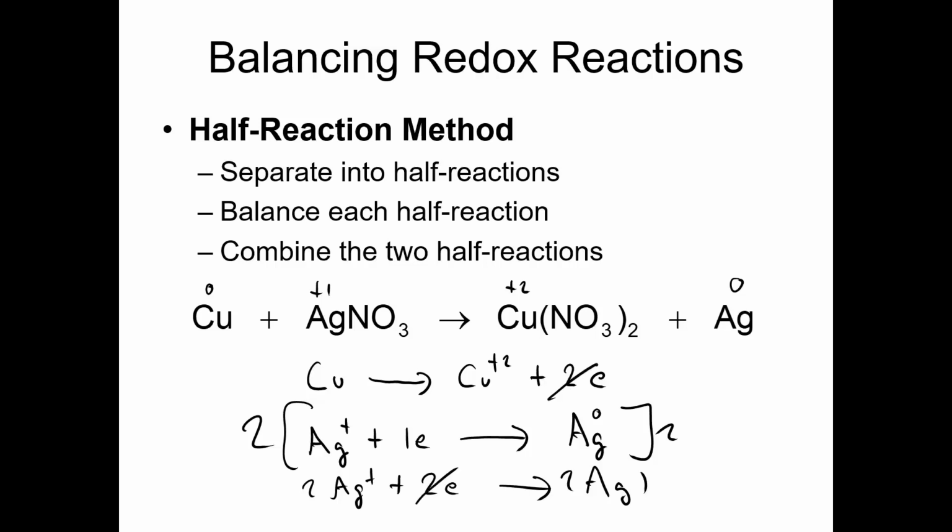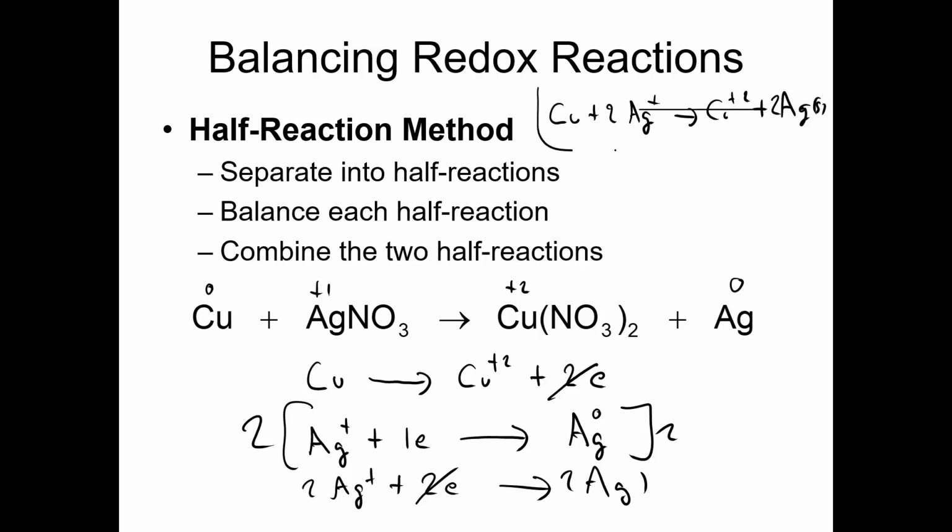They cancel, kind of like the spectator ions do. But what happens here is we have copper and 2 silver ions going to copper +2 and 2 silver metals or solids.